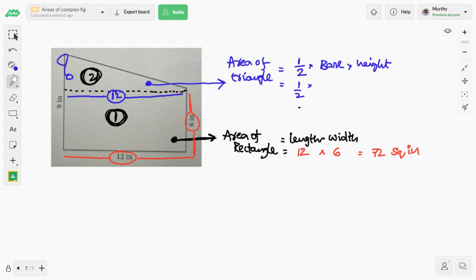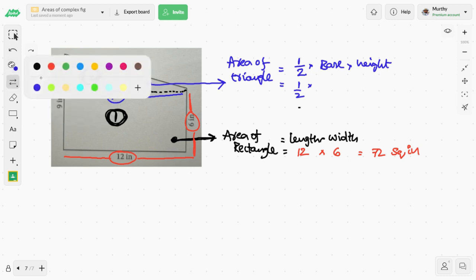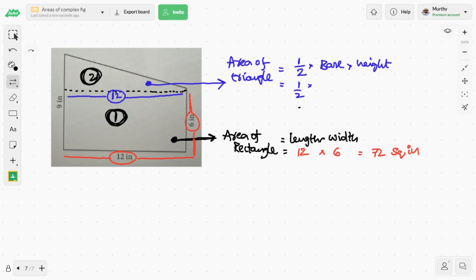And what is the height? Is it 9 units? I see that here 9 is given. Then please look at the... Oops, I'm sorry, it's not. Let me try. Okay, yeah, this is 9 units. And I see that the opposite side is given as 6 units.